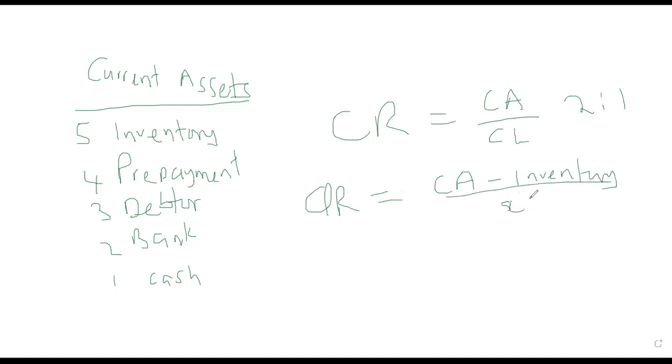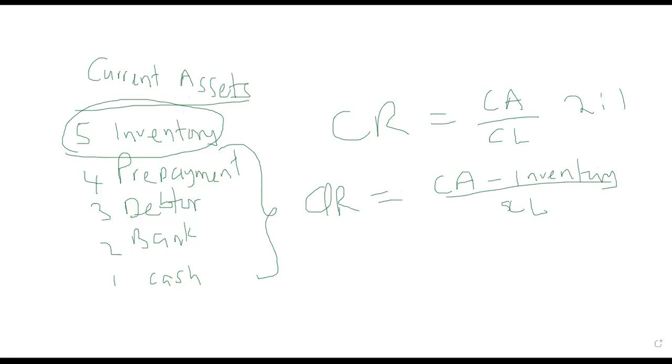The reason we remove inventory is that in an event where you need to pay immediate debt, inventory is less convertible into cash unless you have a market for it. So this is the part of the current assets that we're going to consider.